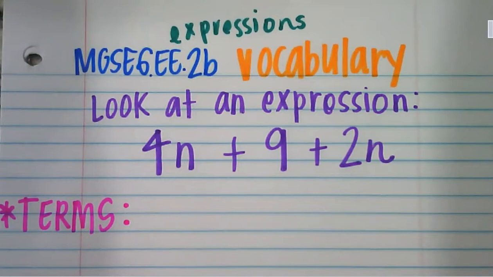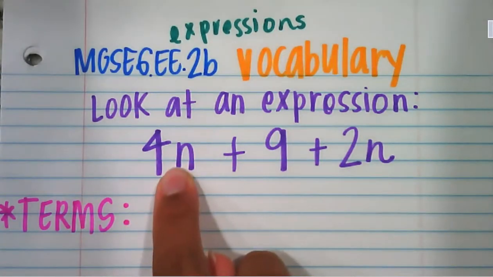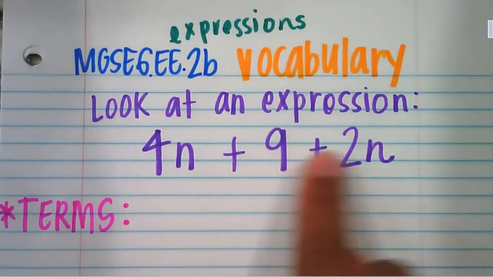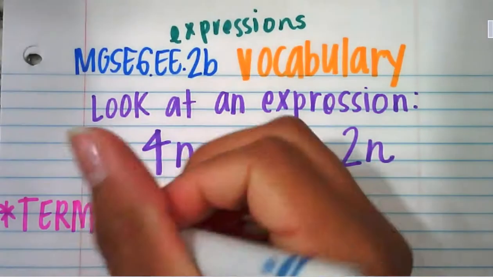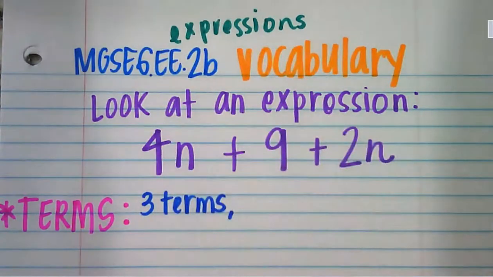Now, some may say, what is a term? Well, let's talk about that. There are 3 different terms in this expression. We have one here, and one here. So we have 3 terms. Now, how do I know what a term is?